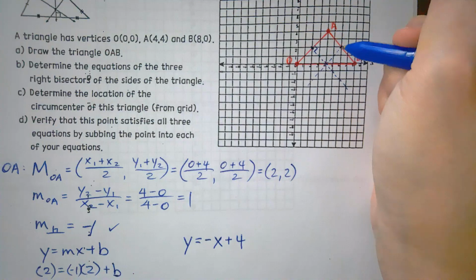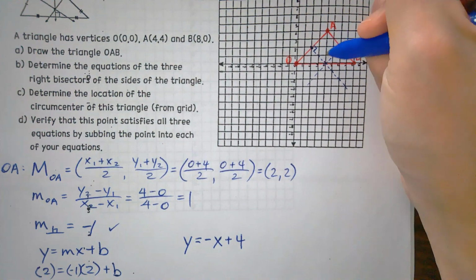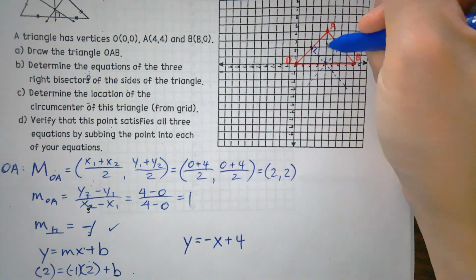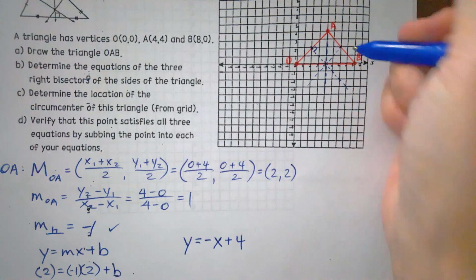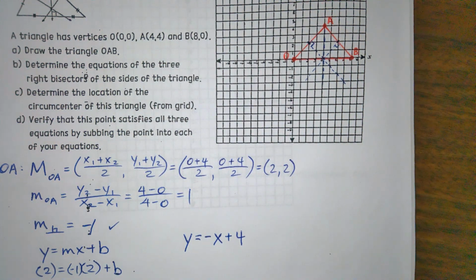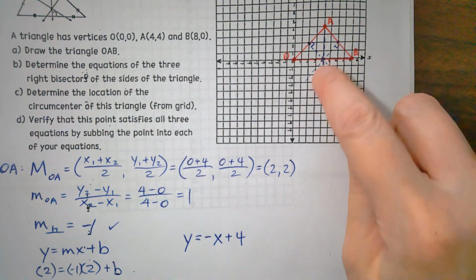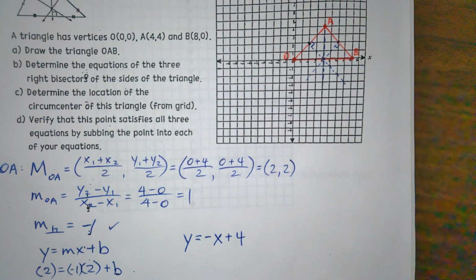All right. So this one right here, and also this one right here. Do you want me to just tell you the answer for this one, or do you want to try it? You know how to figure it out.